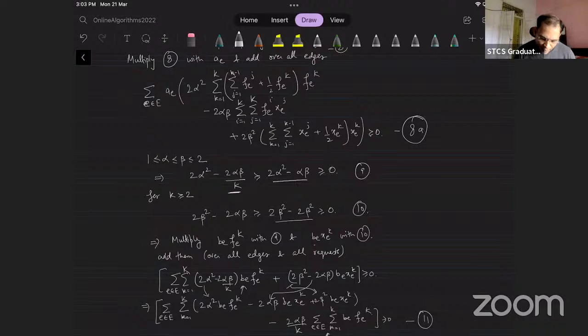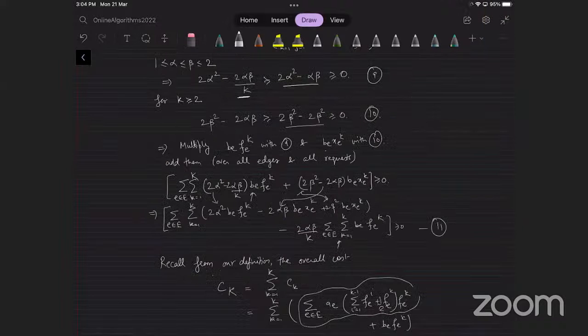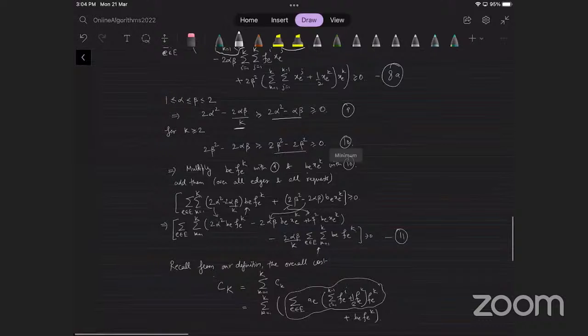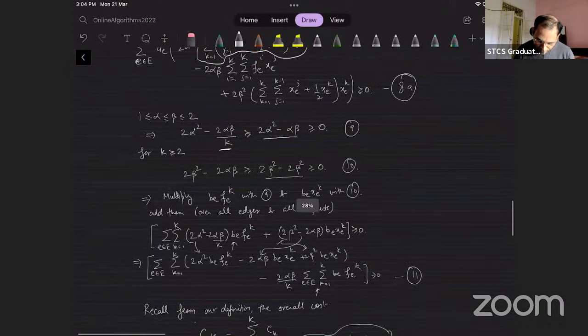See, think of a_e going inside. So a_e times this part. What does it remind you of? This part. It's the first term in C_K. Now where should I find the second term? I will find the second term here.